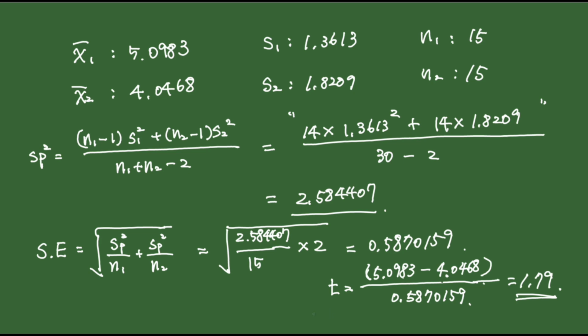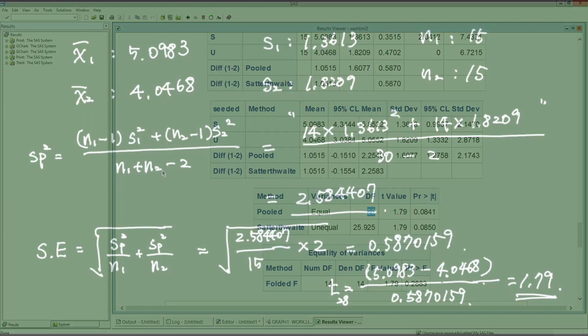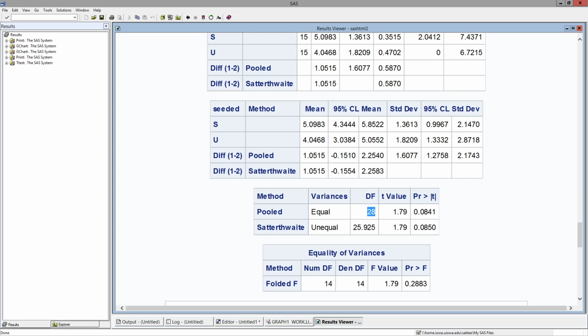Our degree of freedom here is 28, which is n1 plus n2 minus 2. So the degree of freedom is 28, and we can confirm this on the SAS screen.